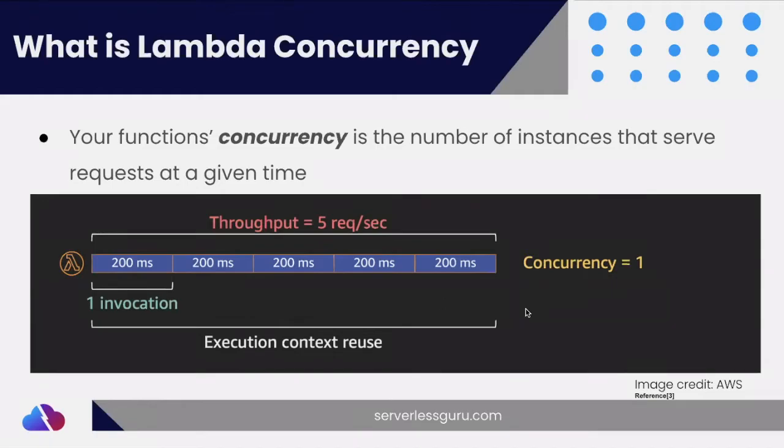So the upcoming request won't wait in a queue or something like that, and the concurrency will increase. In this case, the throughput is 5. So if you receive 6 requests, there will be 2 containers running, and the concurrency will go to 2. If you receive 15 requests in a second, the concurrency will go to 3. So that is Lambda concurrency.